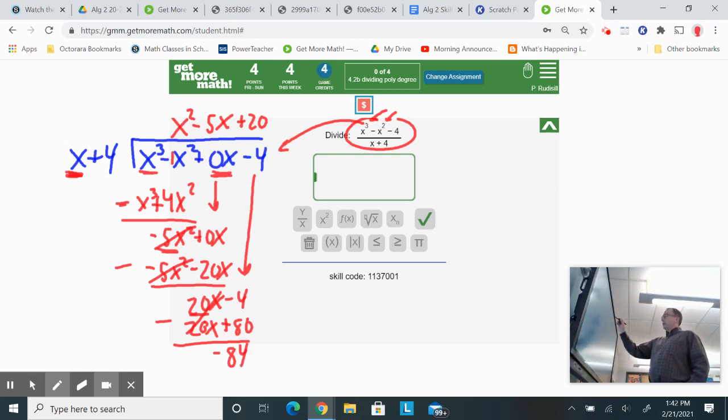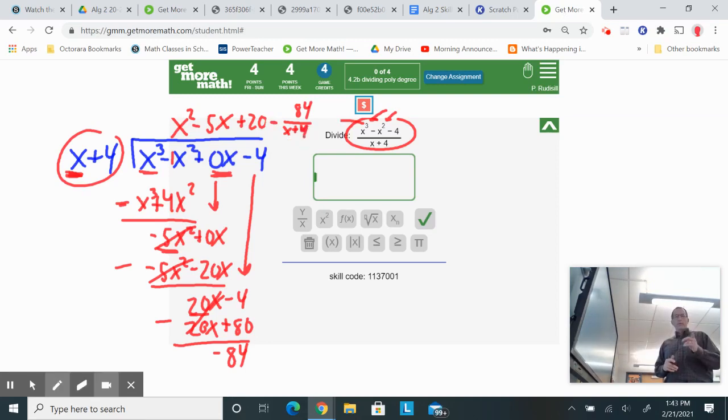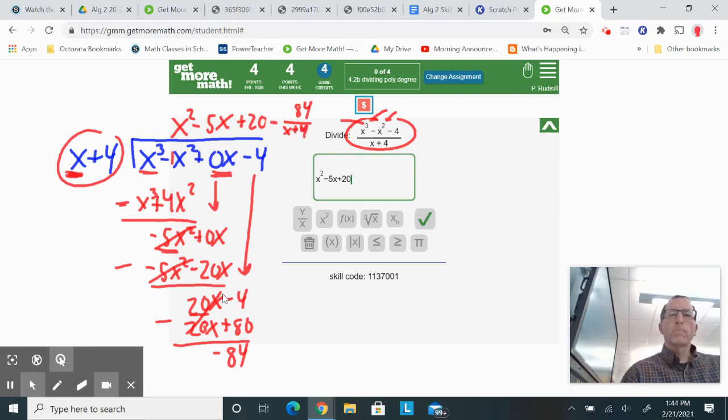So you have a choice here. Since it's negative, I could put a plus here, and then a fraction for the remainder. I could put negative 84 in the numerator, and then the x plus 4 in the denominator. So let me pause and type that in. All right, you can see I typed in the x squared minus 5x plus 20.